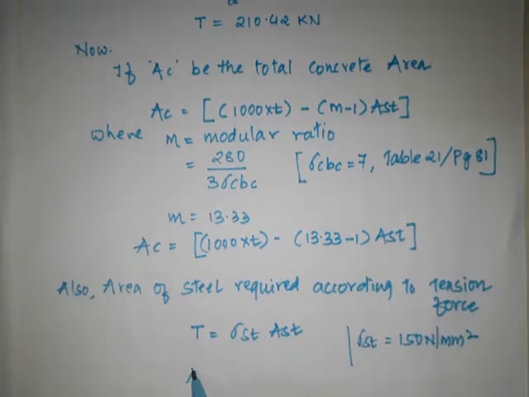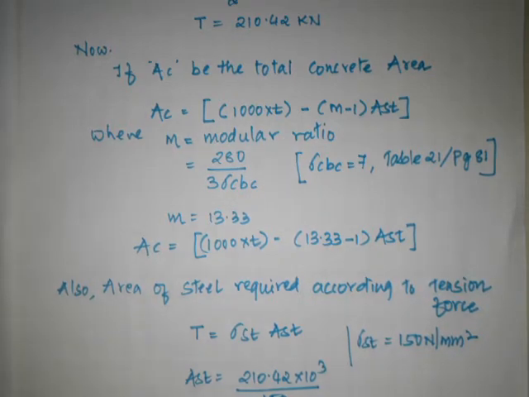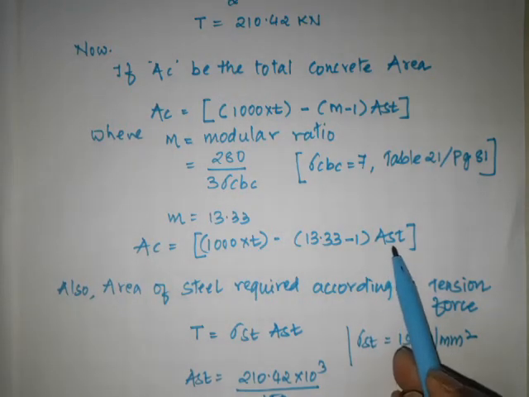Then AST will be equal to, we already know the hoop tension T, so we use it here: 210.42 into 10 to the power 3 to make it Newton, divided by sigma ST, which is 150. So we get AST is equal to 1402.8 mm square. This is the value of AST, and you have to come back and substitute here once again in the formula of AC.